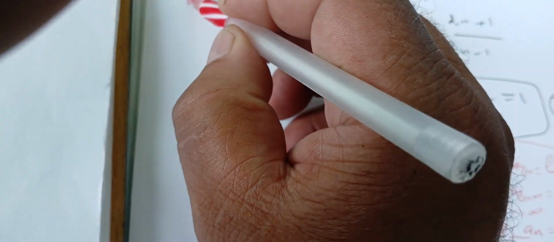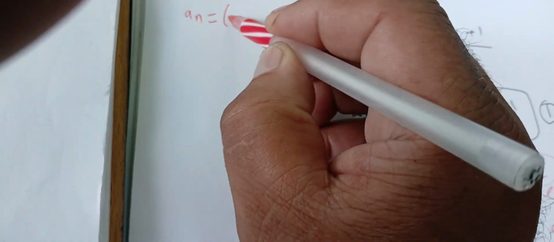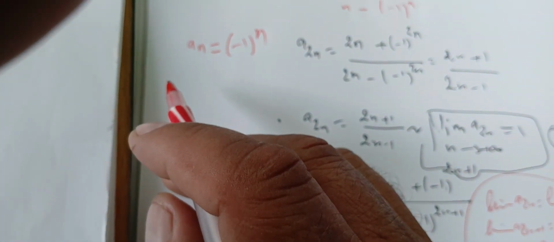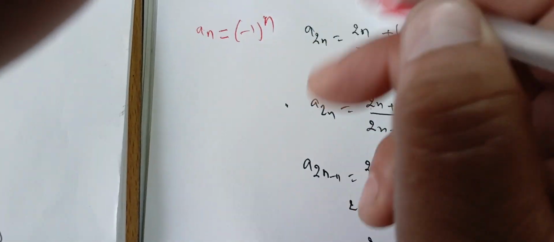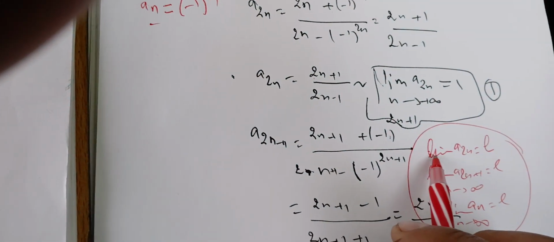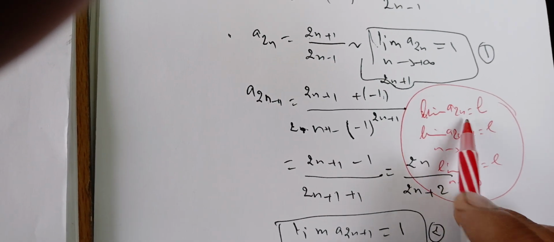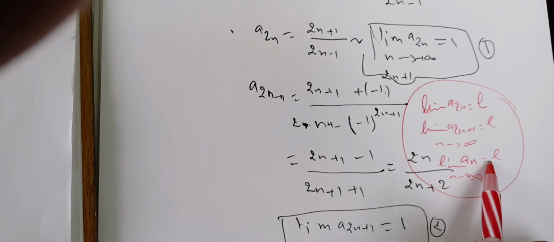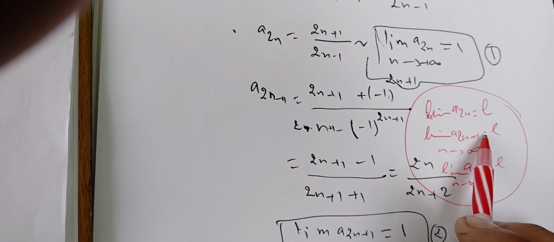Before we finish, let's give a counterexample where we can't conclude very quickly. Let's define a_n = (-1)^n. This is a sequence that's -1, 1, 1, -1, alternating between -1 and 1. If we want to apply this criterion, it means that if we have these two, we have this; if we don't have this one, then either one of them is different.